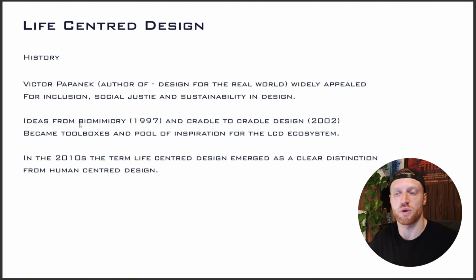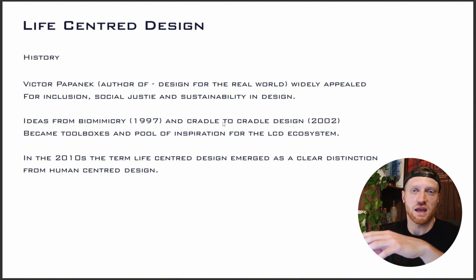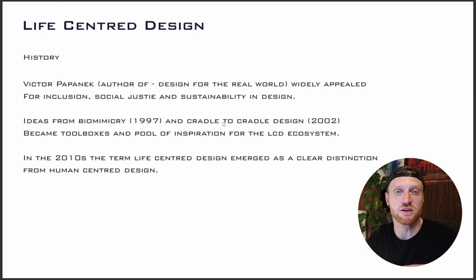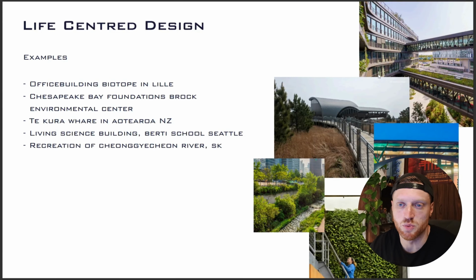Then we find ideas from biomimicry as well, and cradle-to-cradle design, which all became toolboxes and a pool of inspiration for life-centered design ecosystems, right? Starting in the 2010s, the term life-centered design emerged as a clear distinction and also as a clear opposition to human-centered design. So we don't focus on the human purely, but we consider life as a whole, which is plant life, animal life, human life.